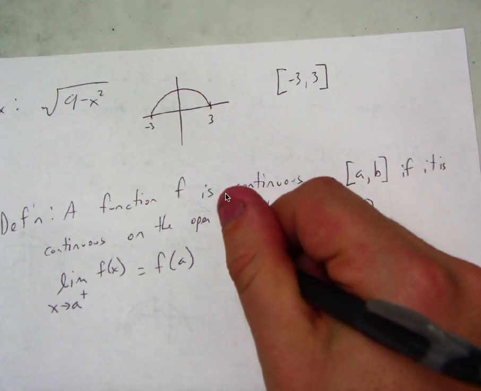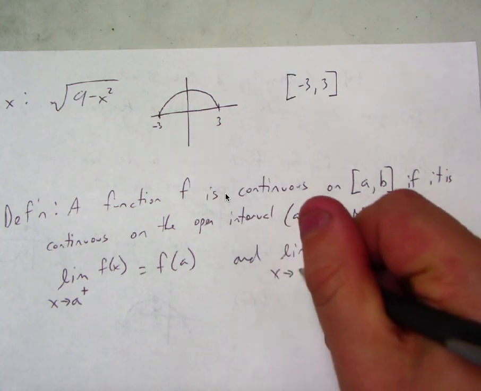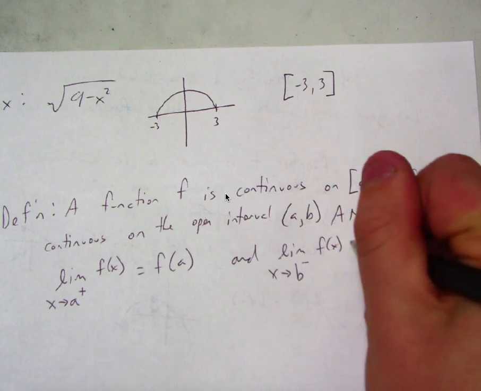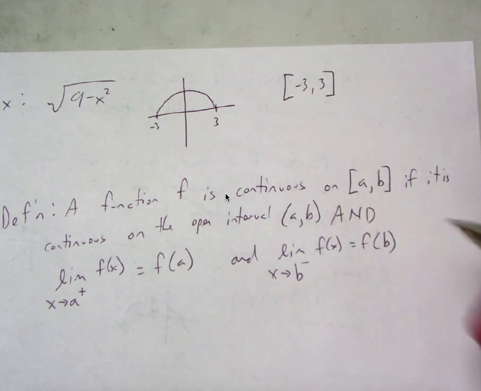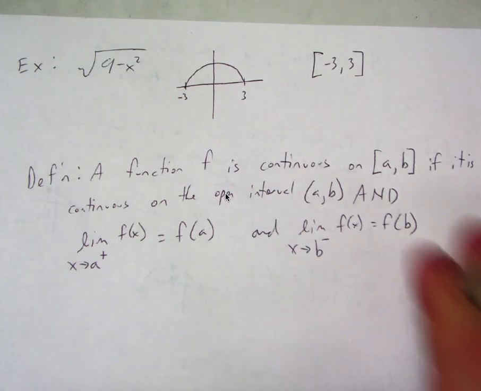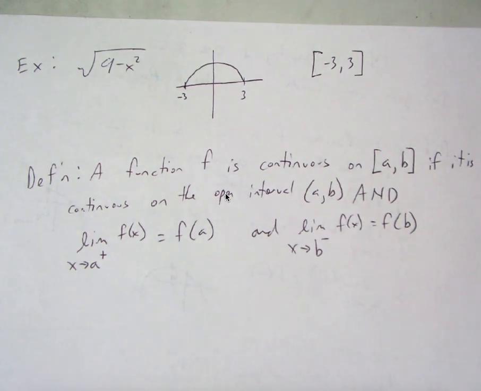And the limit as x approaches b from the left of f of x has to equal f of b. So let me explain what this means. If all this is true, then a function is continuous on the entire closed interval. So here's what all this is talking about.